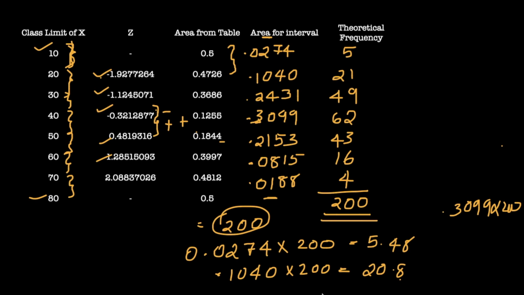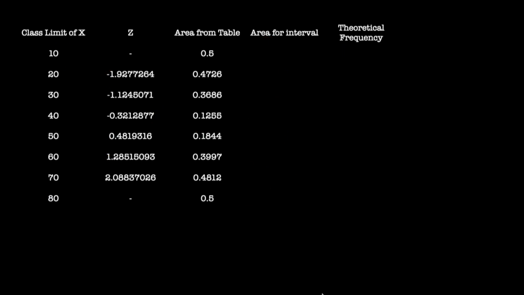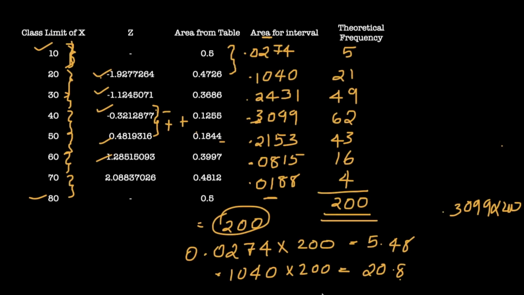This is the same thing we have to follow when we have inclusive class intervals, right? If you have inclusive class intervals, the thing which we can do is to make them exclusive class intervals, as you know how to make it. Say for example, instead of 10 to 20, suppose we have the values as 10 to 19, and we have 20 to 29.